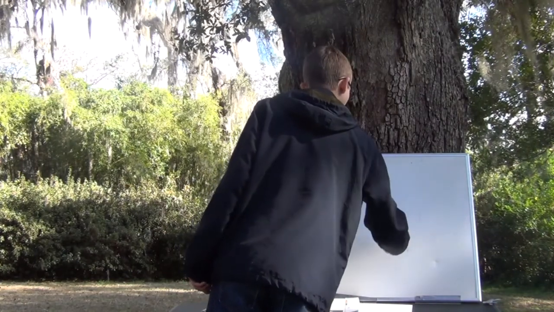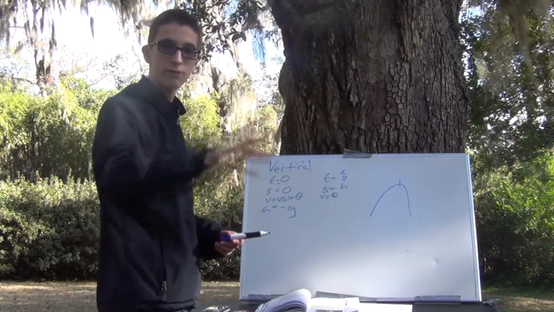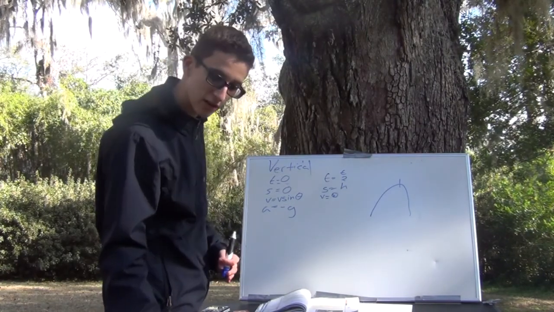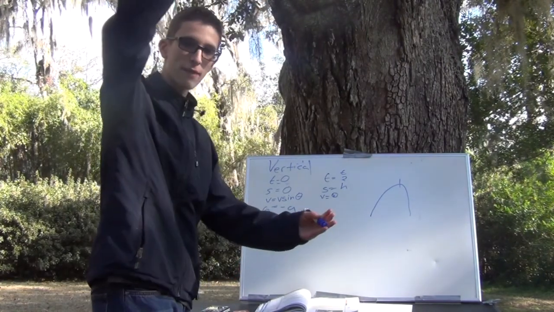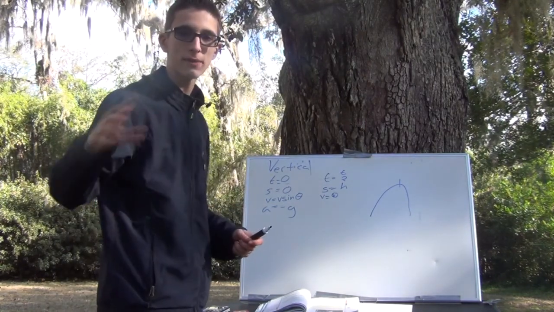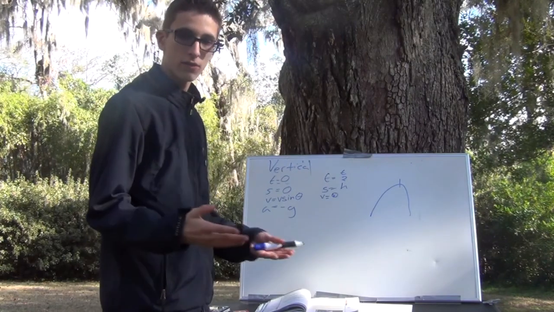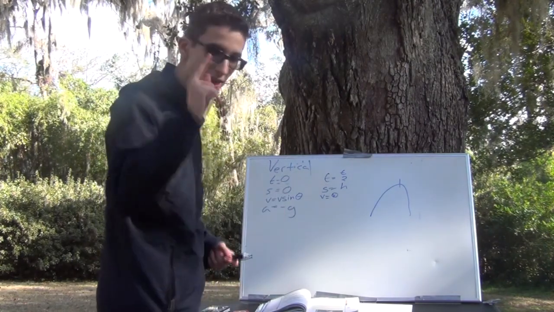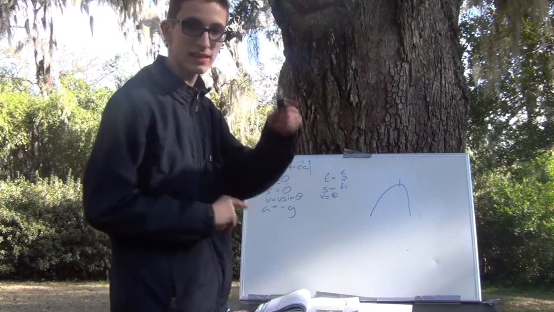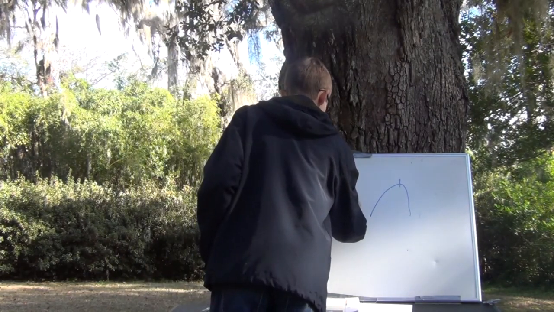If you throw a ball into the air, at the top of that parabola, it briefly stops, where the force of your throw and the force of gravity become equal and counteract each other, right before the force of gravity becomes greater and pushes your ball down. And therefore, the velocity is 0. It stops for an instant, and that instant is the instant that we are studying. Our acceleration is still going to be negative g.